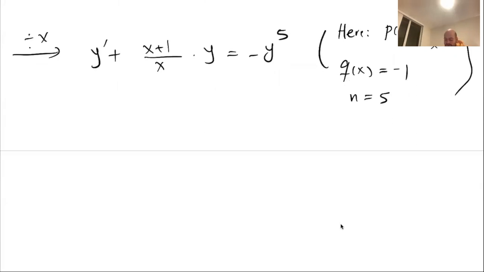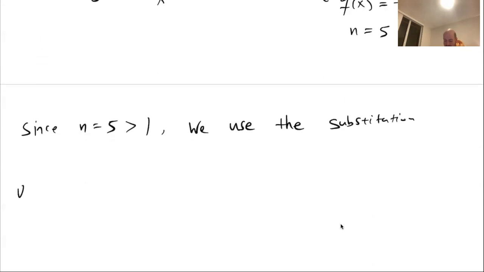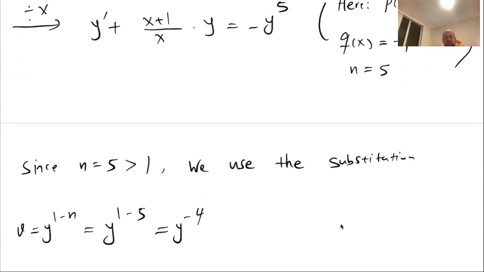So because n is 5, since n equals 5, which is bigger than 1, we use the substitution v equals y to power 1 minus n, which is y to power 1 minus 5, and that's y to power minus 4. And then now we can rewrite everything in terms of v.